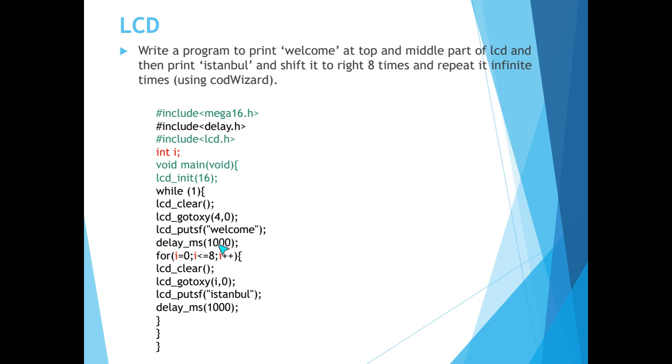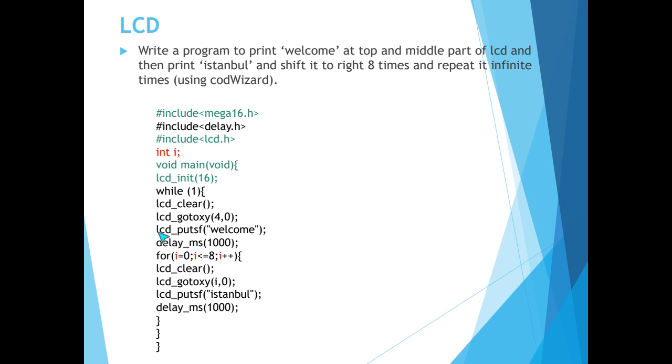Again, delay milliseconds. But in the rest of the code, it wants us to print Istanbul and shift it to the right 8 times and repeat it infinite times. Because it wants to repeat it infinite times, we should have while(1).